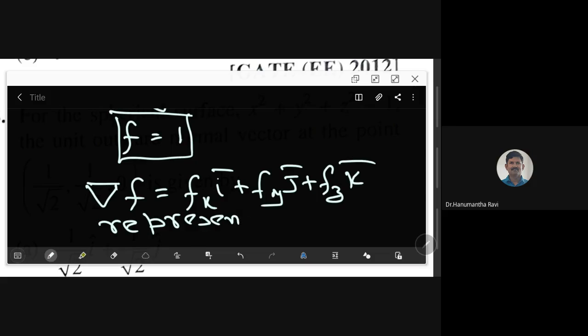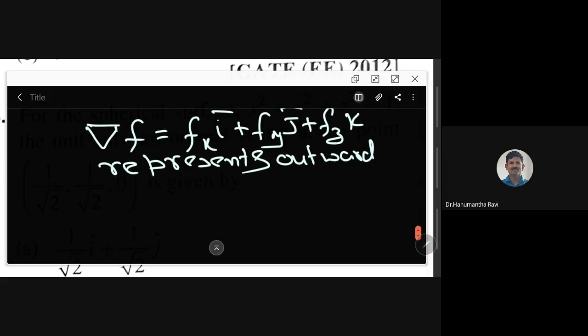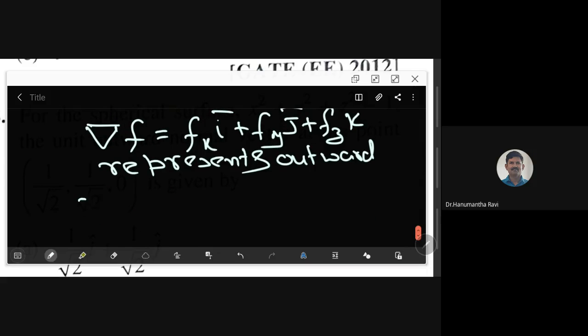It represents the outward normal to the surface f is equal to 1.